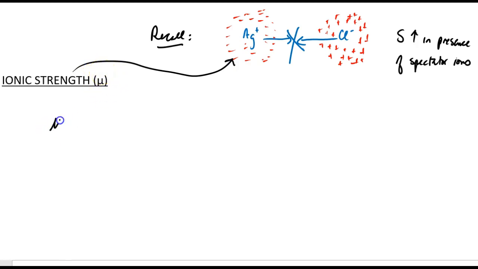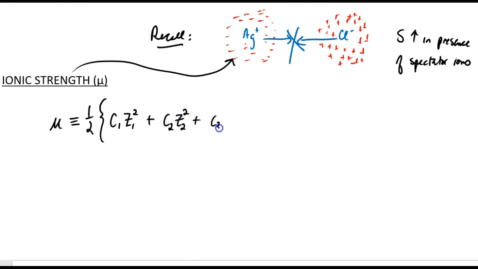equation for it. Mu is defined as 1/2, and then we're going to take the concentration of our first spectator multiplied by its charge squared, and then we're going to add the concentration of our second spectator multiplied by its charge squared.